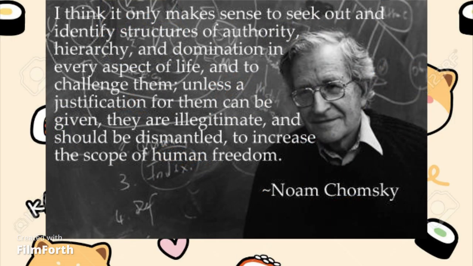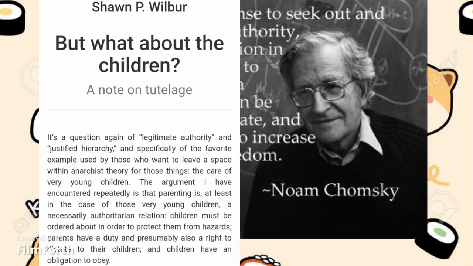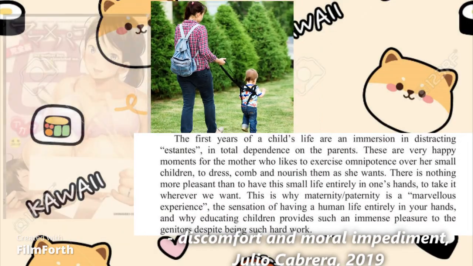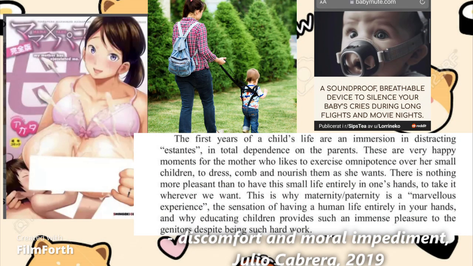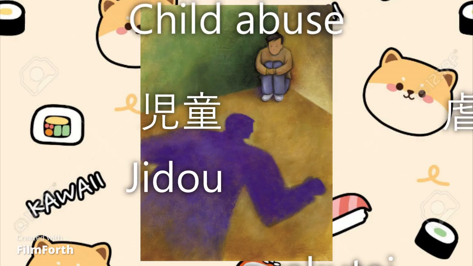Anarchists often say they are only against unjust hierarchies, saying that a parent-child hierarchy is justified. An antinatalist might counter by saying that it's not justified as you could make the choice not to have the child at all, and circumventing the hierarchy. The hierarchy can express itself in many ways. The Japanese word for child abuse is jido gyakutai.